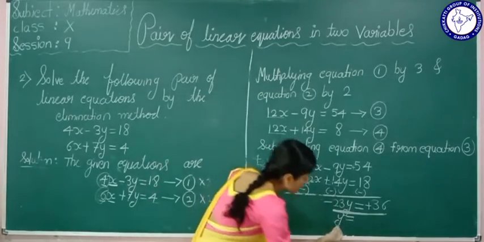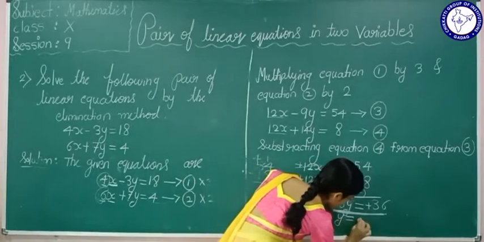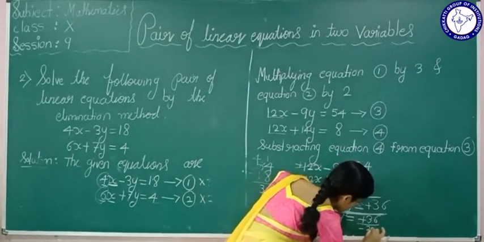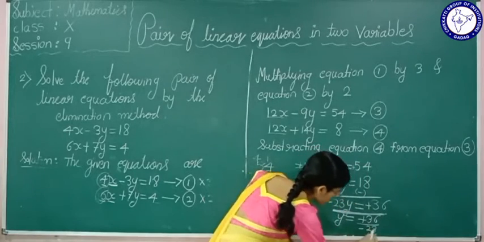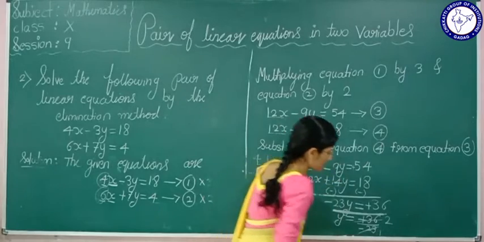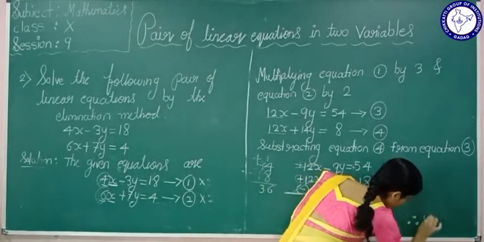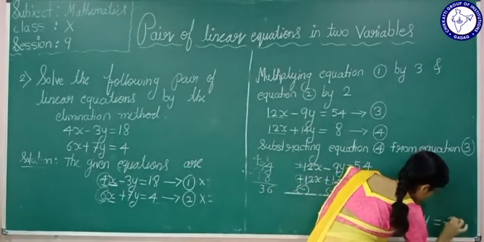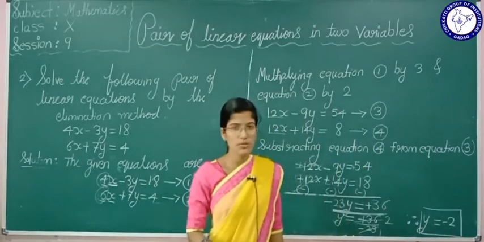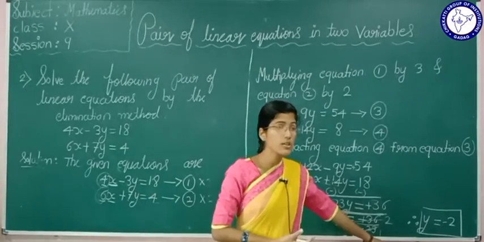Now we will find the value of y here. Plus 36 divided by minus 23. 23 ones are 23, 23 twos are 46. Therefore, y is equal to minus 2. In the substitution method, you used to get values like this, no? What you used to do?